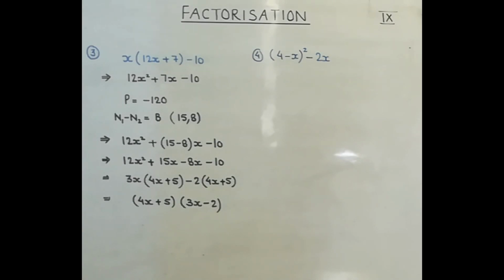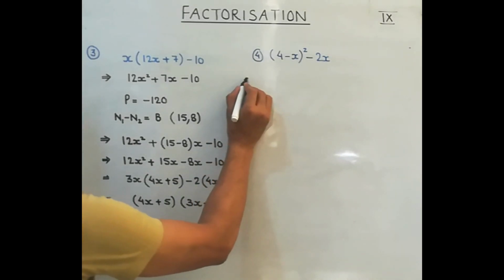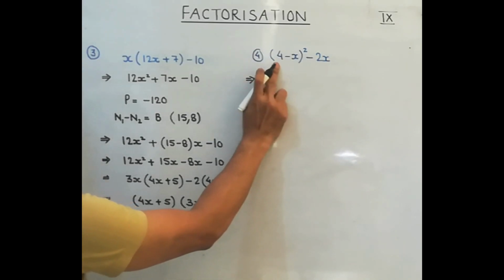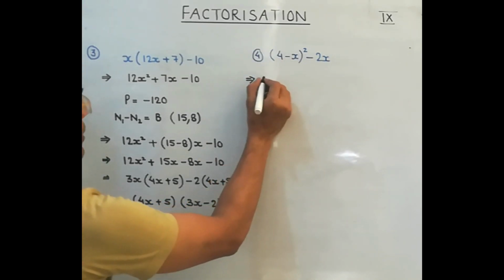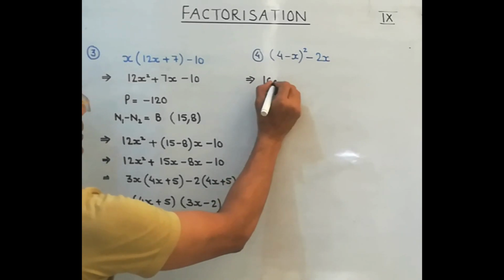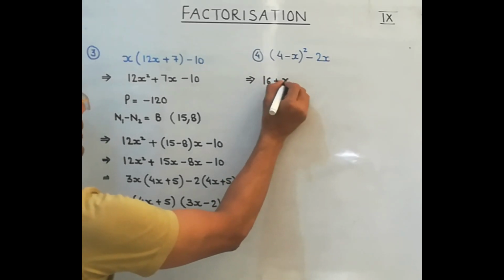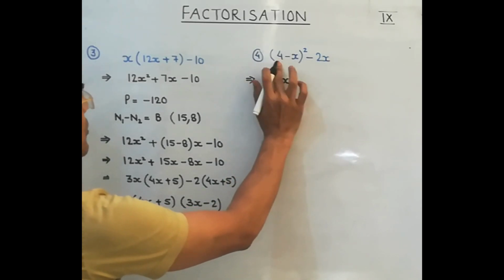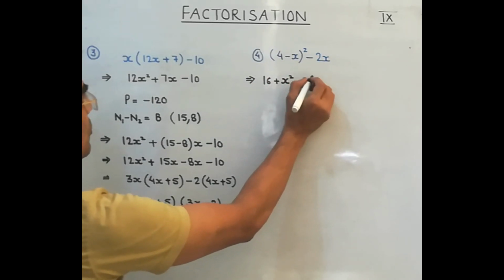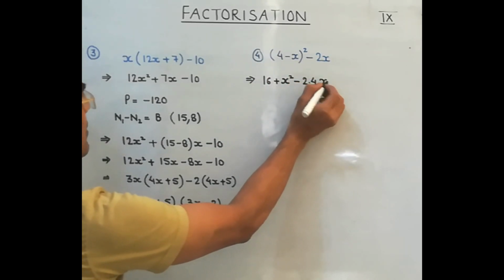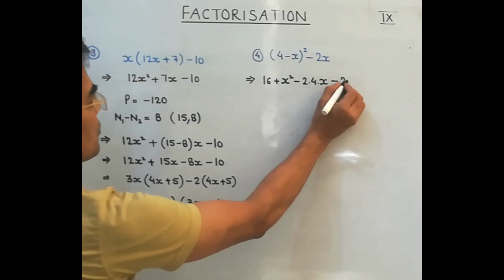After opening the bracket, we got a trinomial. Before that, it was not a trinomial. Similarly, in question number 4 also, it's not a trinomial, but let us try to open the bracket and see what the result will be. Now here you have to open this bracket with (a minus b) whole square. So that will give you a square plus b square minus 2ab, that is 2 into 4 into x, and then minus 2x.